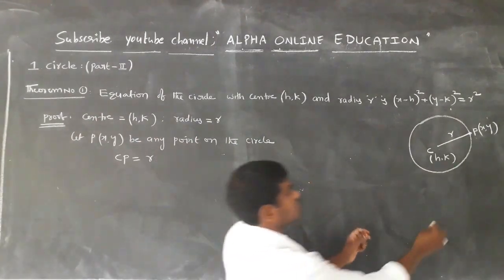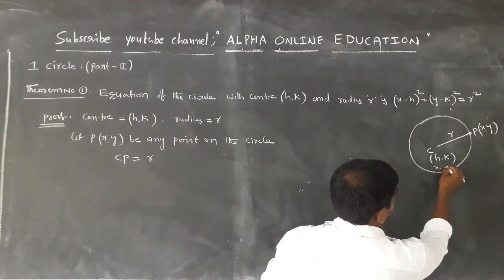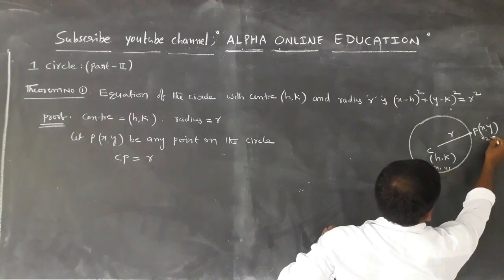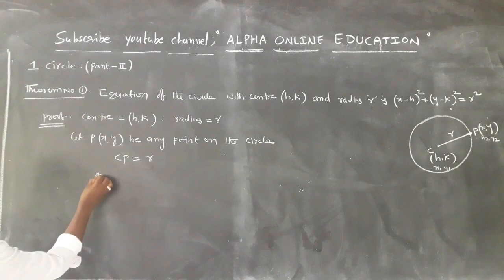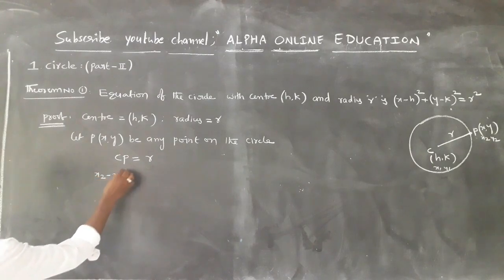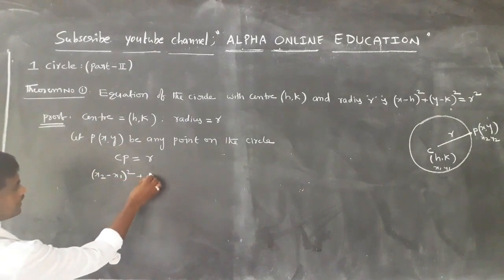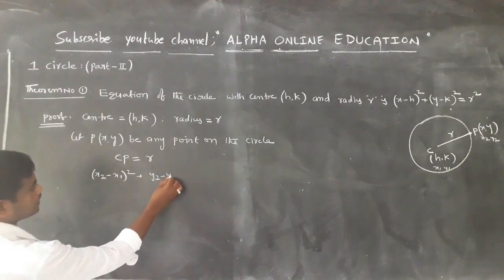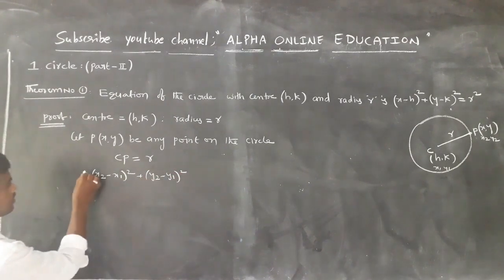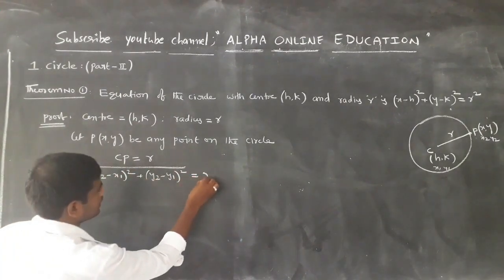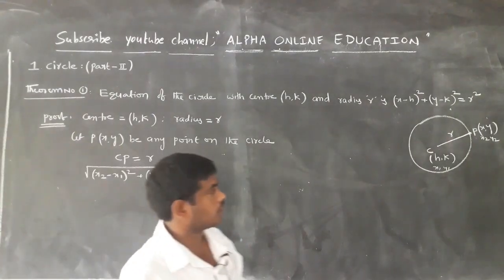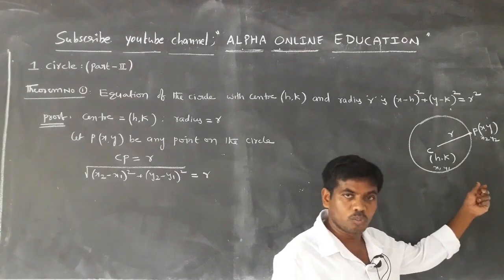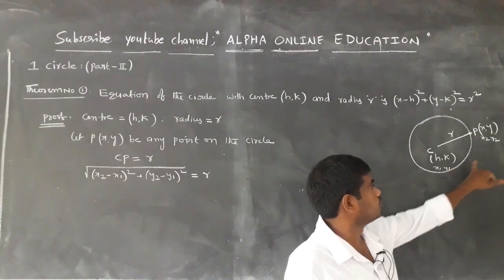Finding the distance formula, let the center be x1 y1 and point P be x2 y2. The distance between the 2 points formula: under root of x2 minus x1 whole square plus y2 minus y1 whole square is equal to r. Substitute x1 comma y1 and x2 comma y2 values.